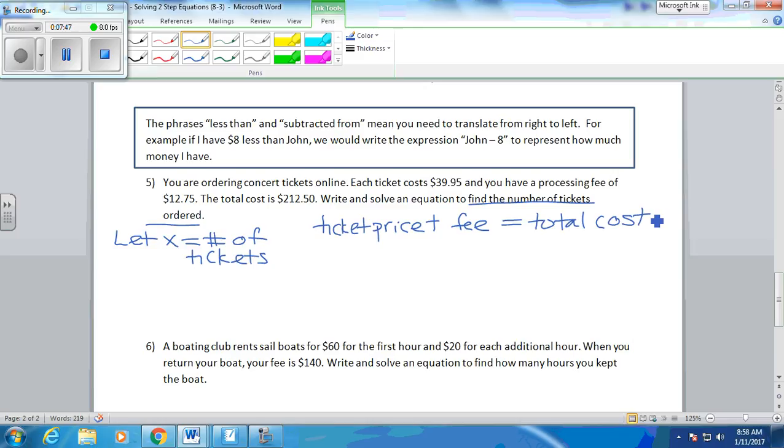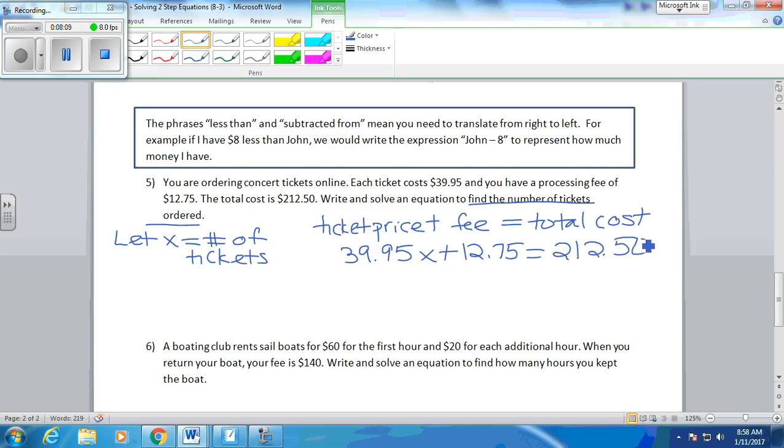And the ticket price, depending on the number of tickets I buy, I might be multiplying that times my variable. So if each ticket is $39.95, I'm going to be multiplying that by the number of tickets that we order. Then I add the $12.75 to get the $212.50 as my total.